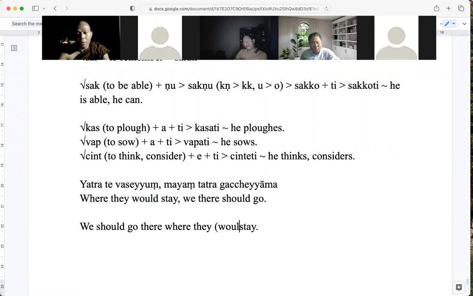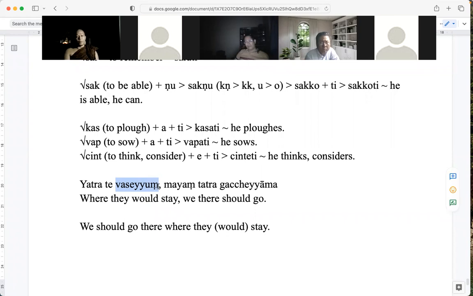That is a difference between the 2 languages. But in Pali, you know, wasiyo. You see? But when you translate into English, we should follow English usage. But literally, we should go there where they would stay, or where they stay also.